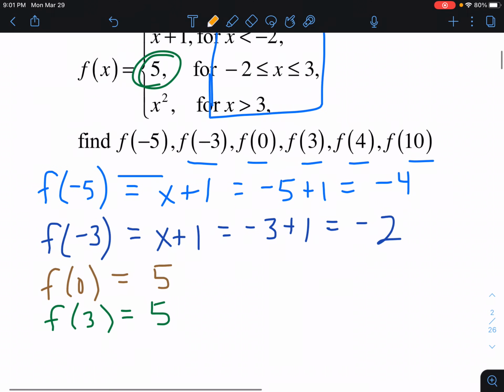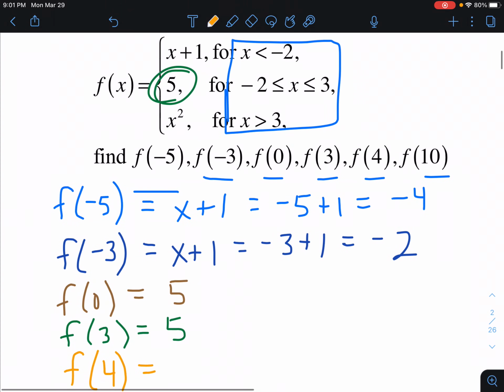Okay, next I have f of 4. I'm not going to use my first one because 4 is not less than -2. I'm not going to use my second one because 4 is not in between -2 and 3. Will I use my third one?